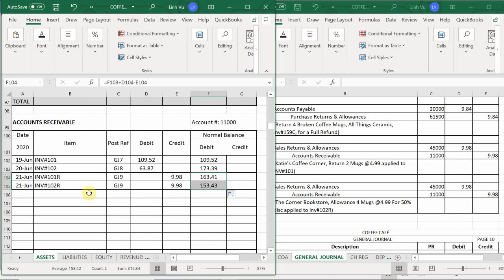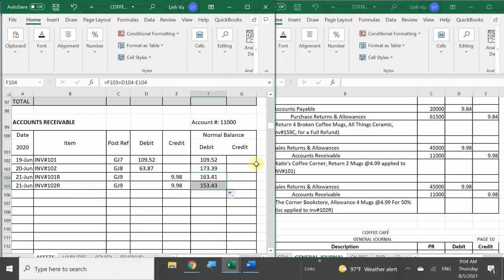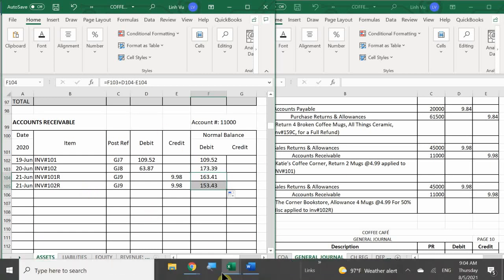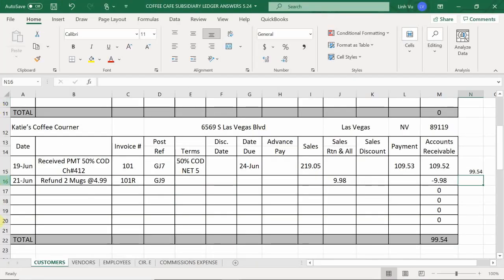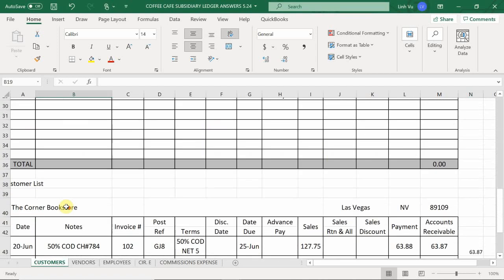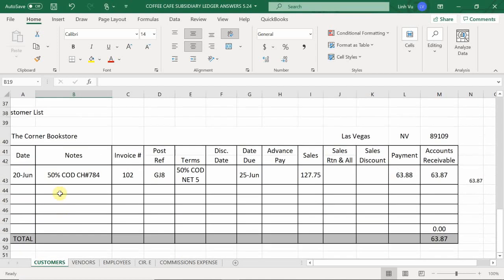So the next transaction will be the subsidiary ledger on the customer side. What's my note going to be here?